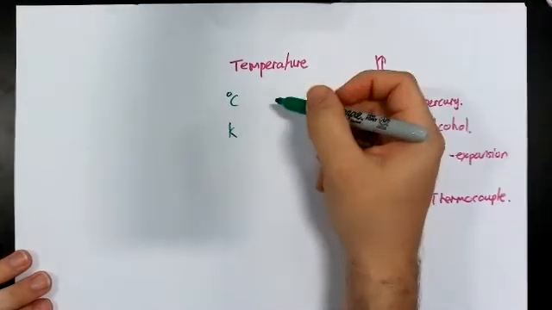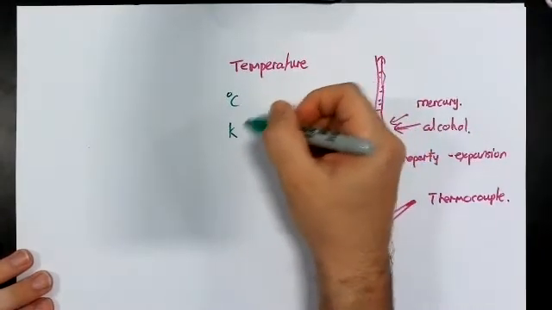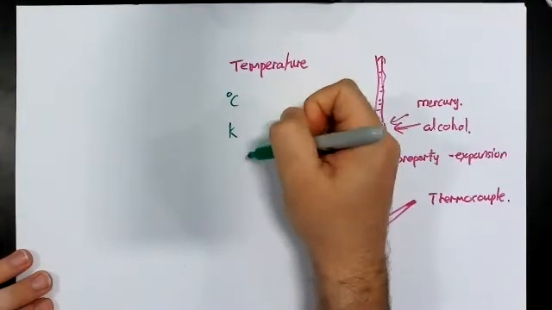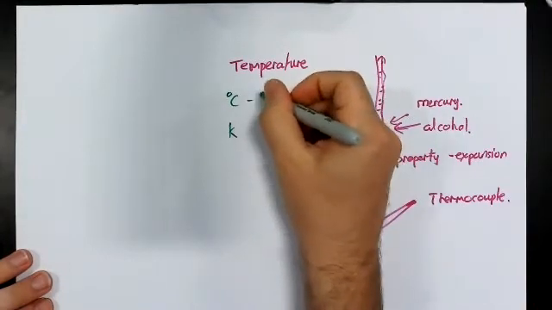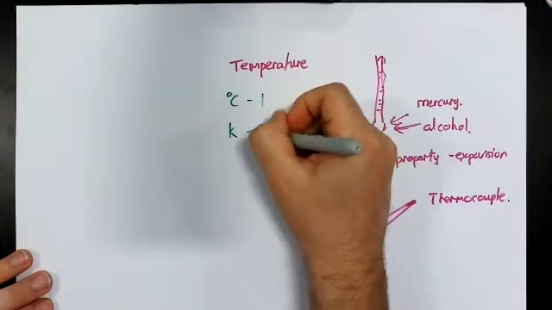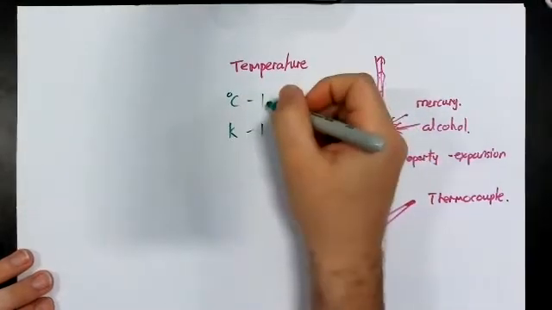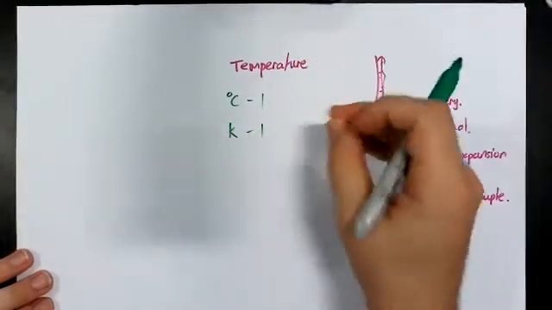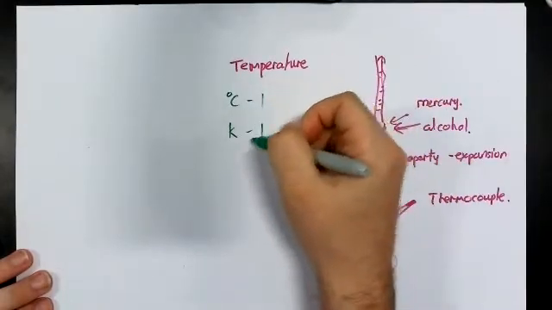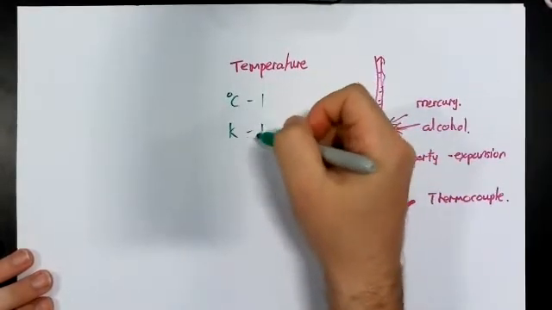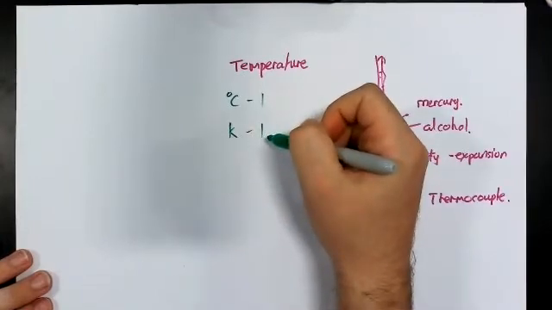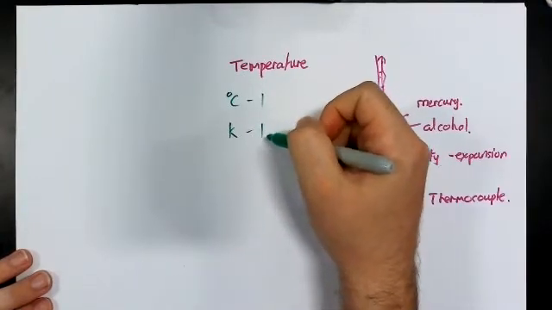One thing you need to be aware of is that the difference of Kelvin and Celsius is exactly the same. So 1 degree of Celsius is the same as 1 degree of Kelvin. However, in terms of an absolute value, this is for changes. So if you have a change of 1 degree Celsius, it's the same as a change of 1 Kelvin.